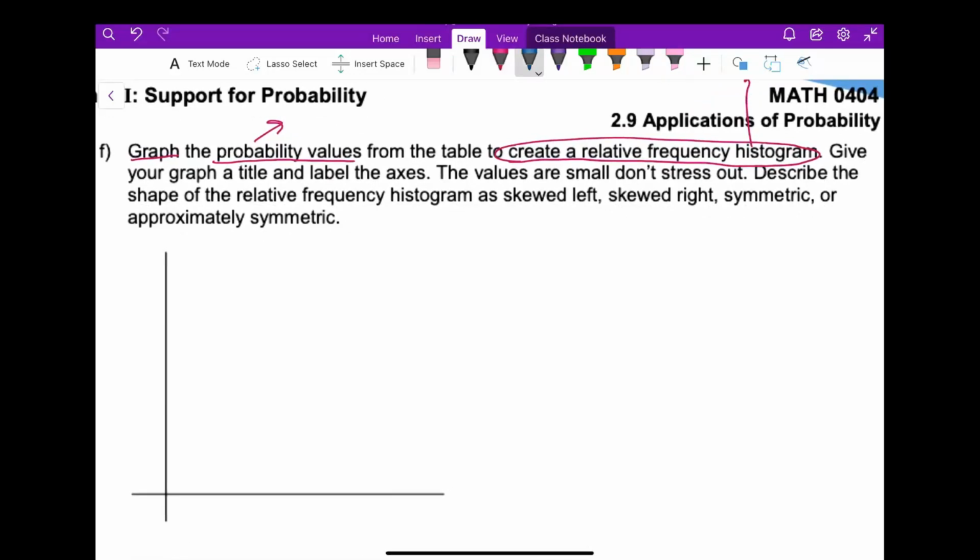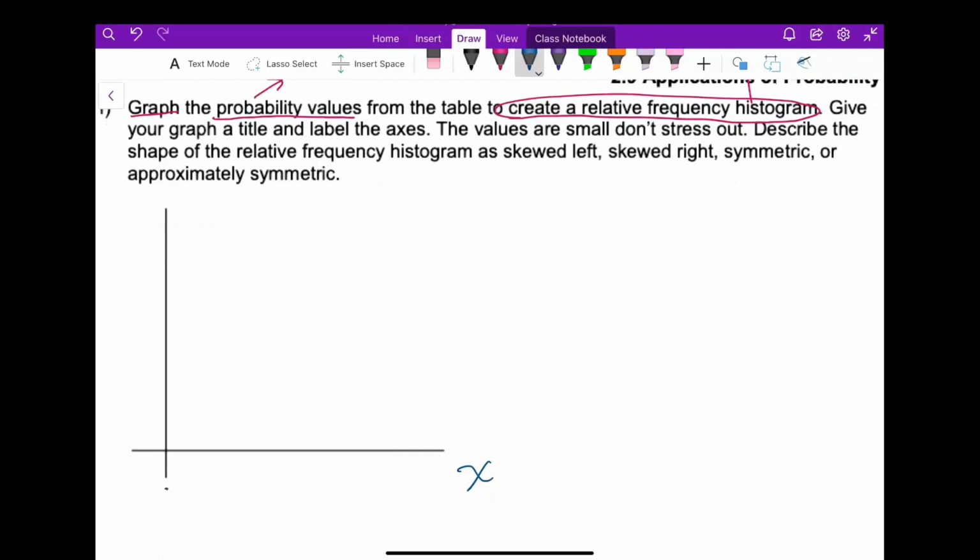Label our axes. So our value here is the x values. It will usually be the x values. And it's nice because the table was already labeled for us. So I'm just going to grab those x values, which was 0 dogs, 1, 2, 3, 4, 5. When we're labeling, make sure that not only are you putting X, for example, but you're also telling your reader what this value is.